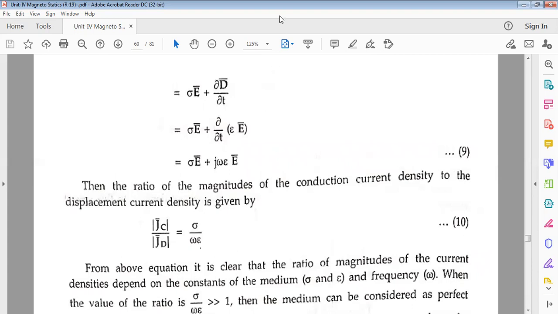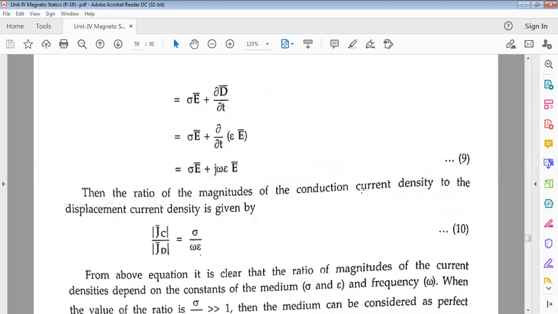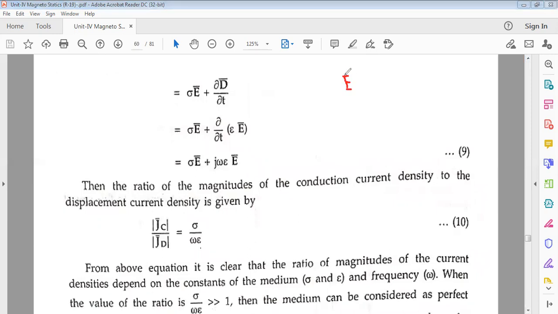Now let us see what they are saying here. For the electric field intensity Ē, let the time dependence be given by e^(jωt).